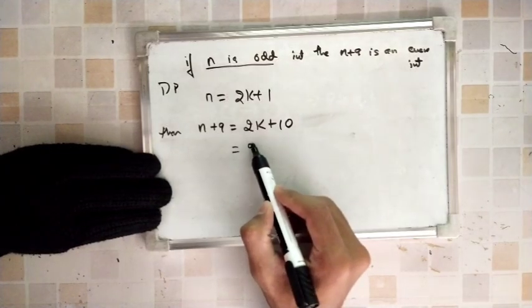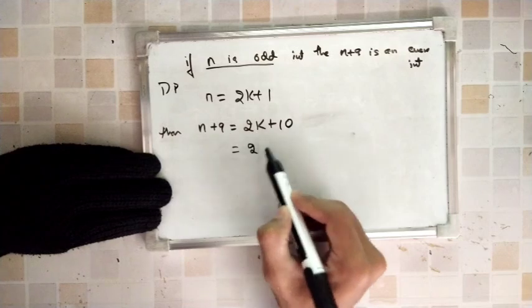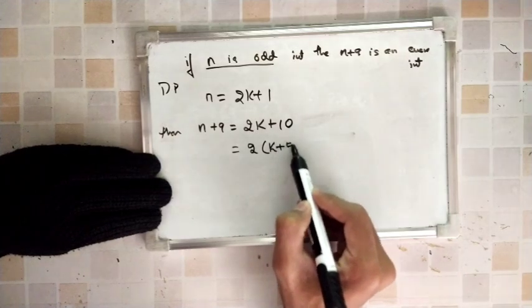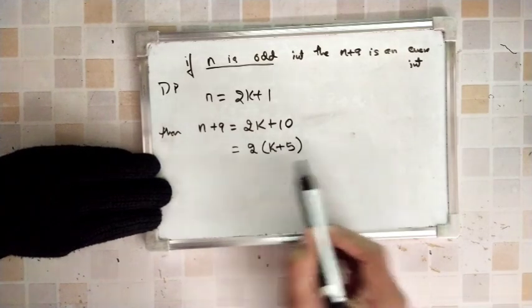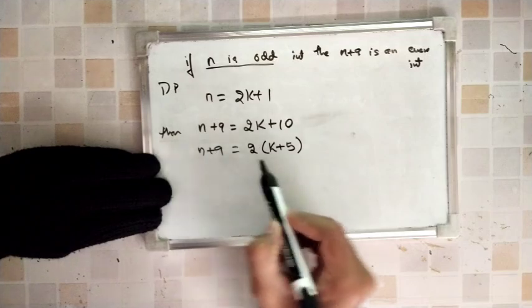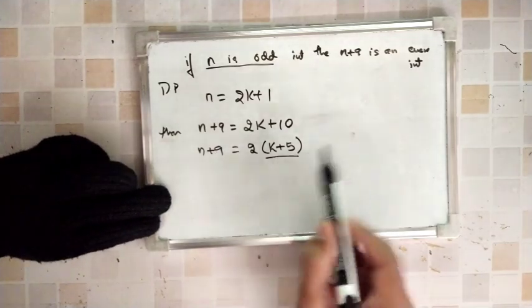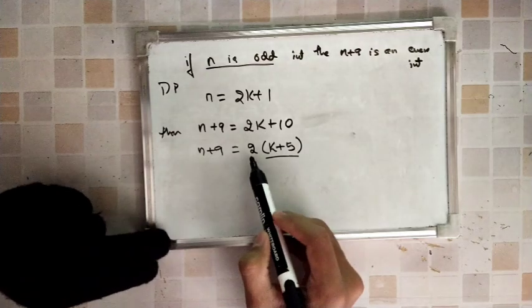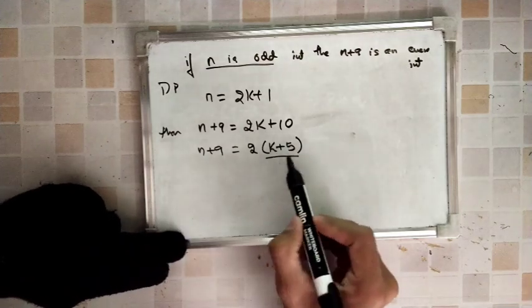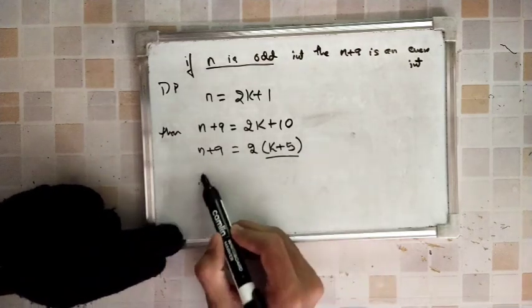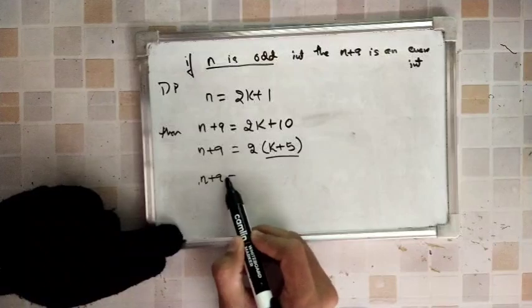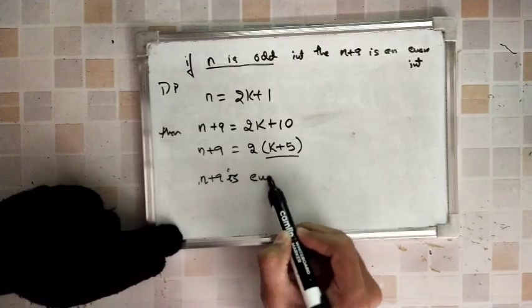If I take 2 common, that is 2 times k plus 5. Now this k plus 5 is one number, and n plus 9 is a multiple of 2, so I can say that n plus 9 is even. You understood, right?